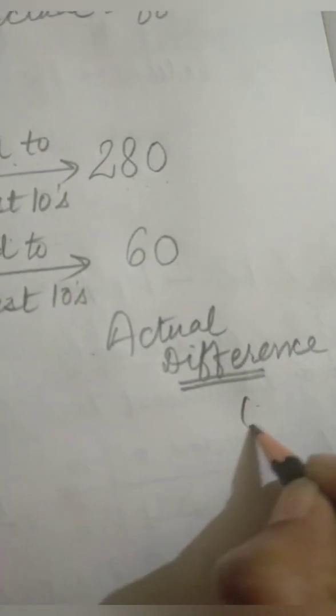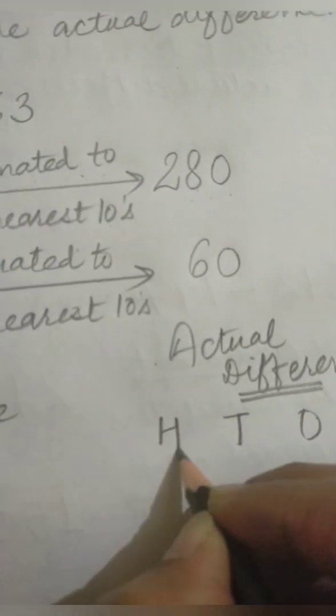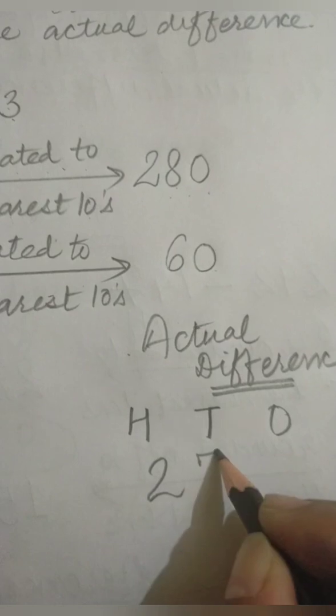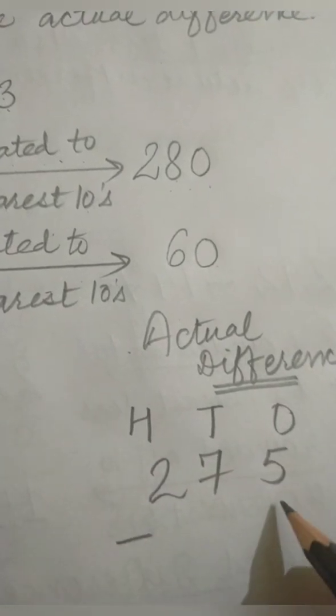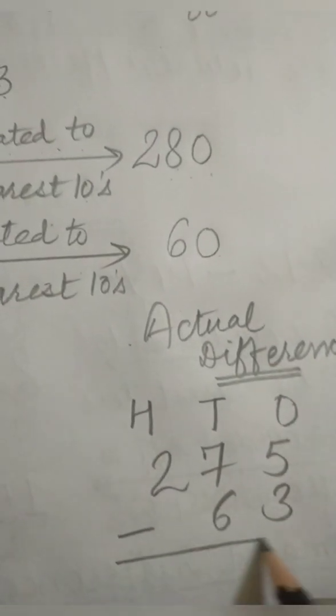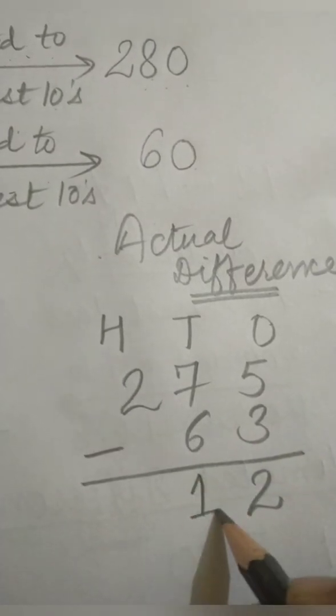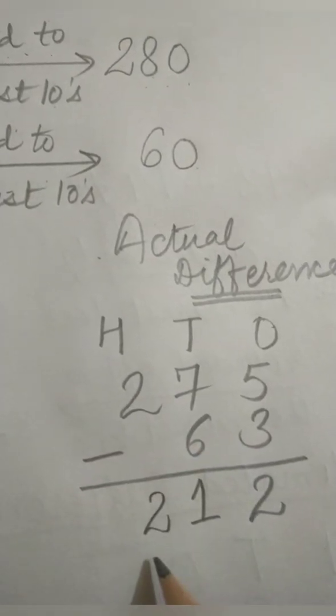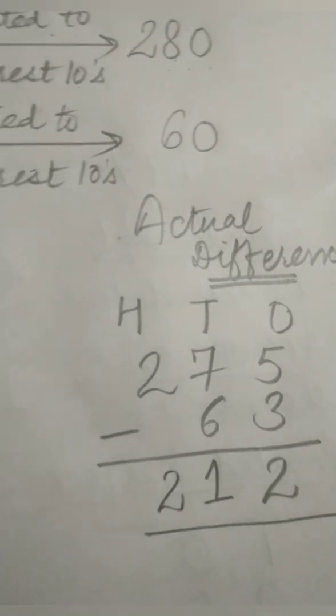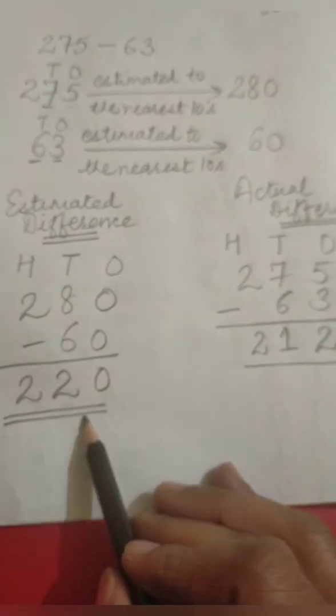Now we have to find out the actual difference. Actual difference: ones, tens, hundreds. The actual statement is 275 minus 63. 5 minus 3, 2. 7 minus 6, 1. And here 2. Here we got 212. And we can see 220 and 212, these are very close.